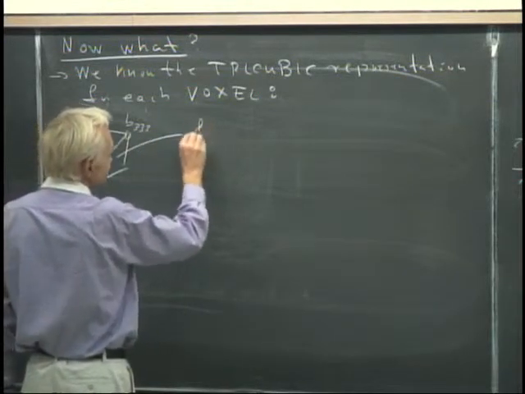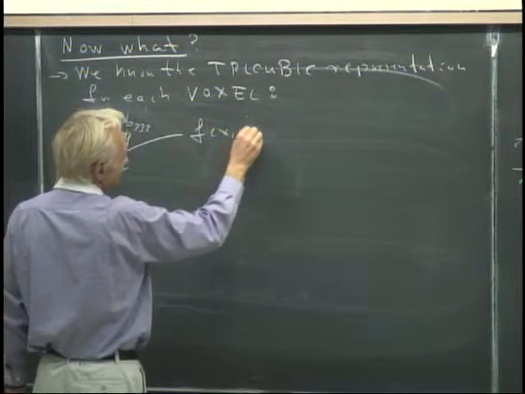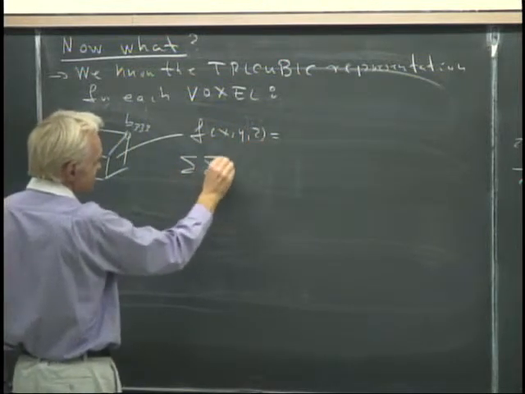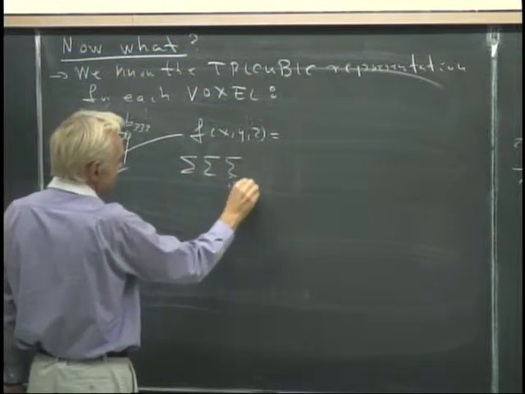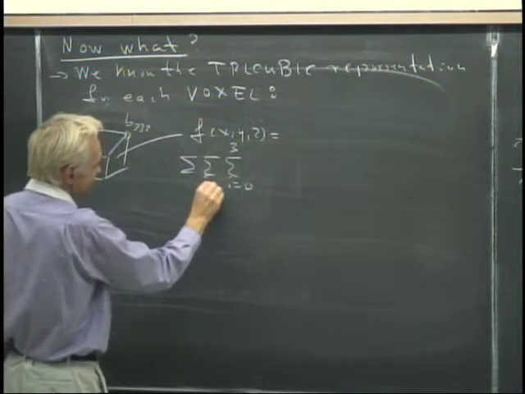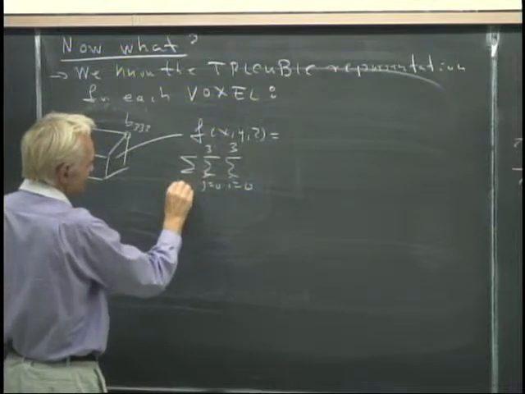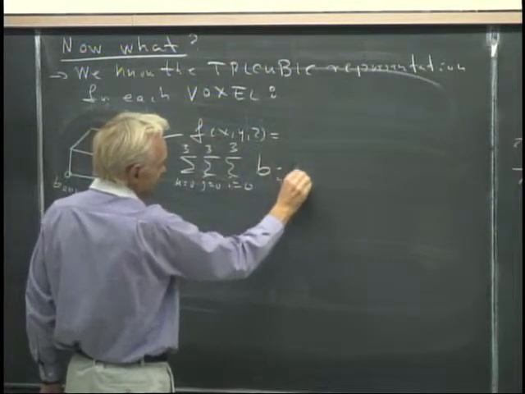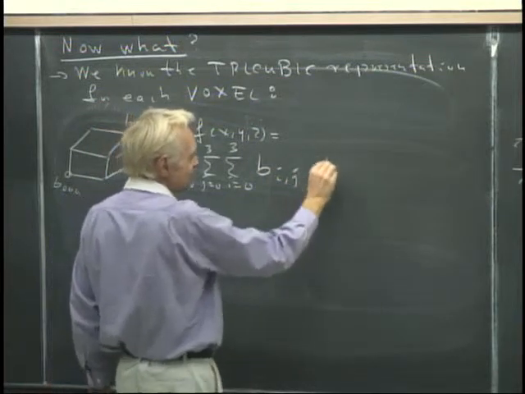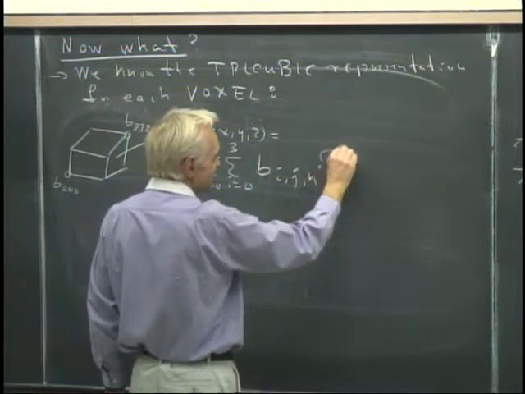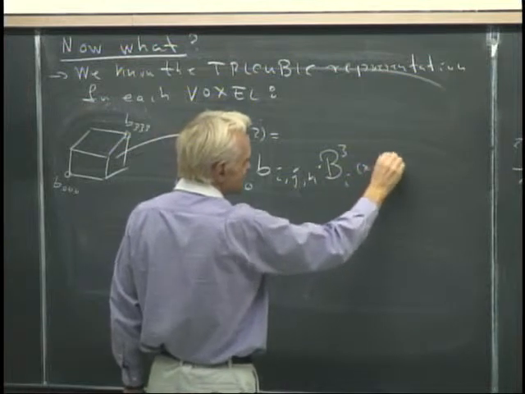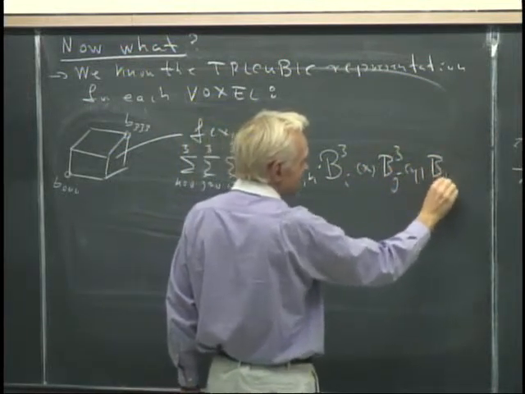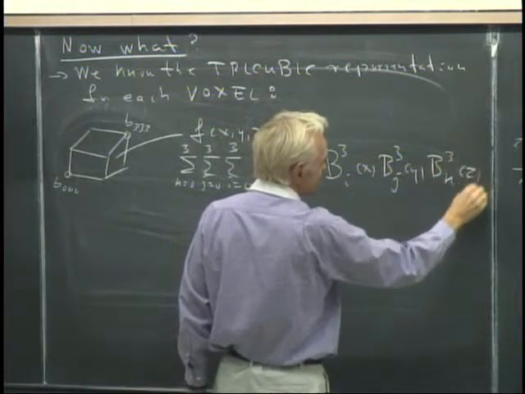So the function there is this function f of x, y, z, which is this triple sum, sum i from 0 to 3, j from 0 to 3, k from 0 to 3, of these coefficients that we know now, b_ijk, times these Bernstein polynomials, b_i^3 of x times b_j^3 of y times b_k^3 of z.